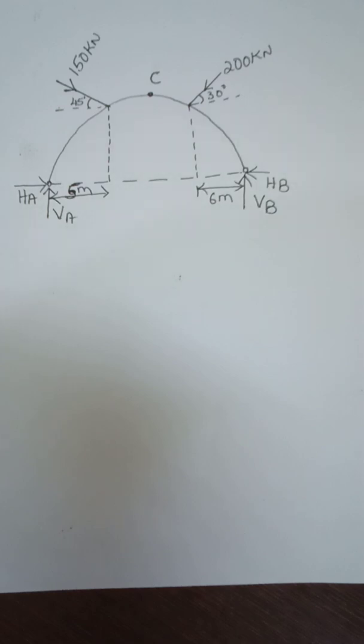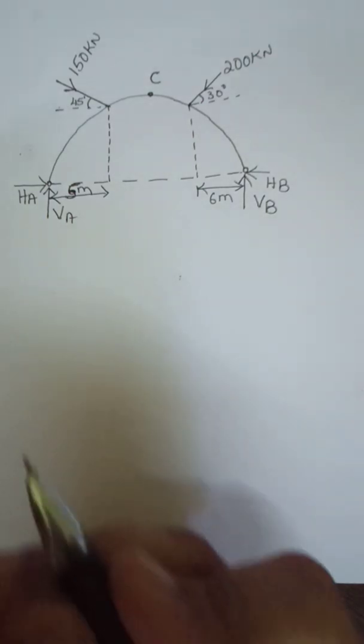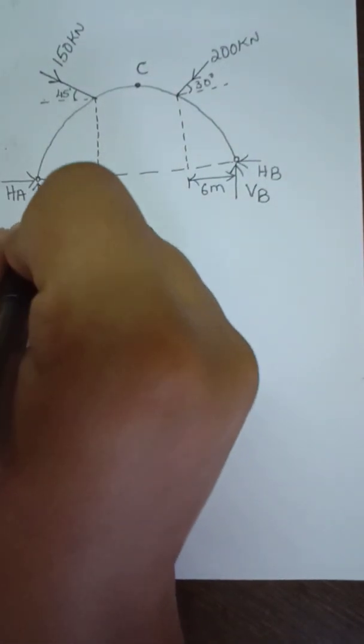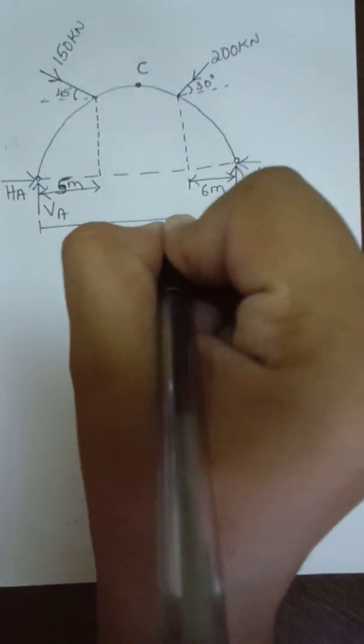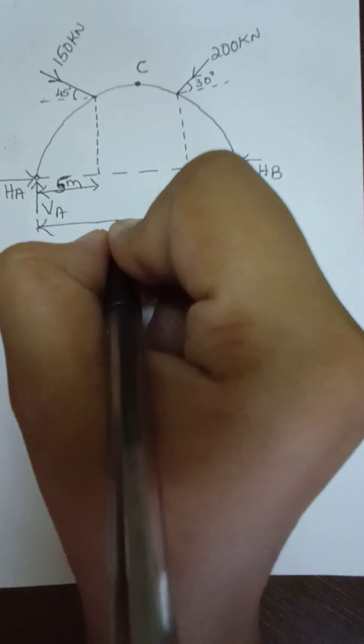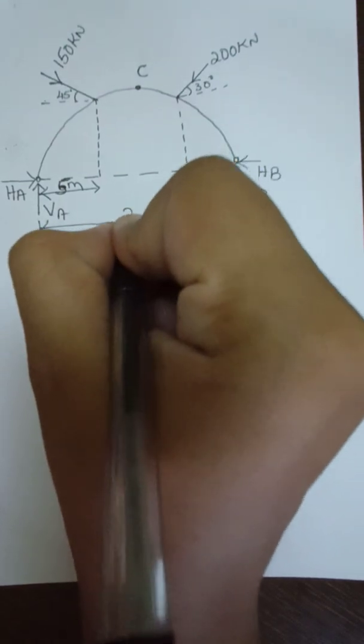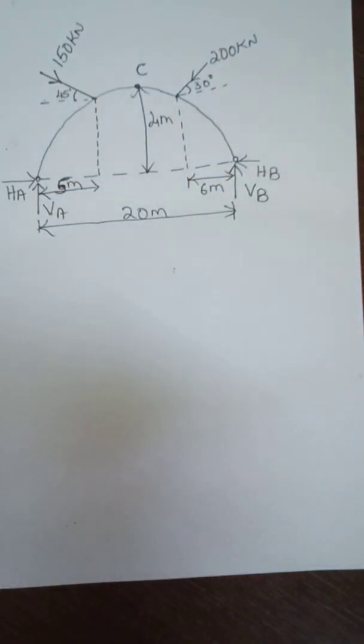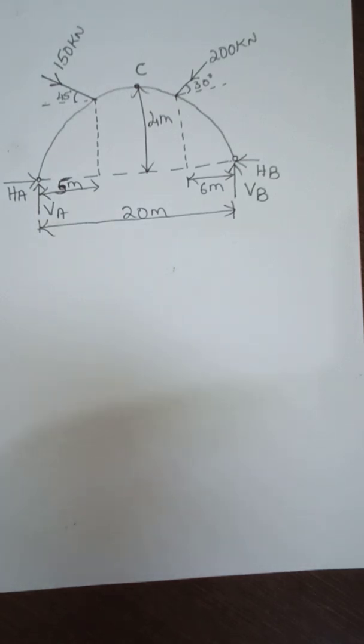A and B are the two supports, and the distance between A and B is 20 meters. The height of the crown is given to be 4 meters.